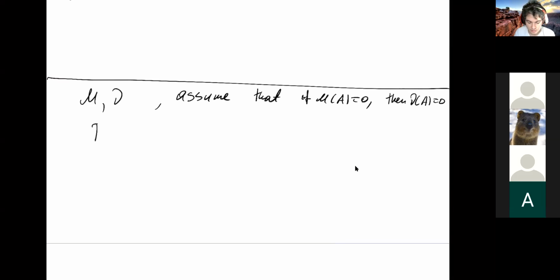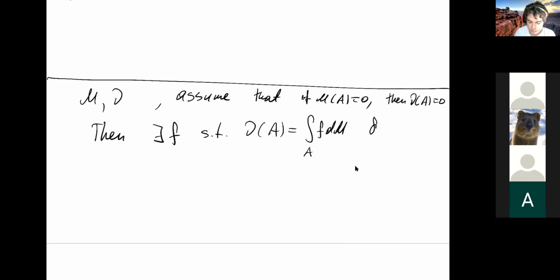Then the conclusion is that there exists a function f, non-negative, measurable, and so on, such that nu of A is equal to the integral of f over A d mu for every measurable A. This is our ultimate goal.